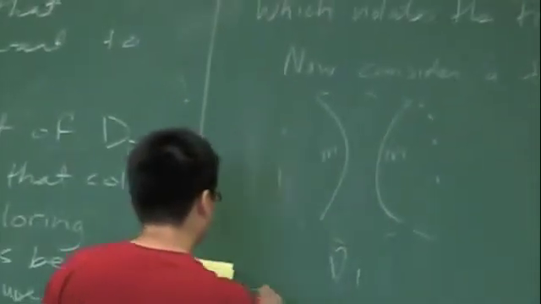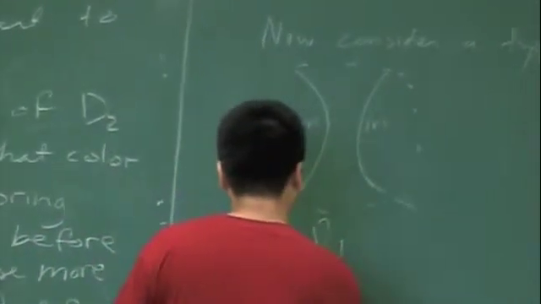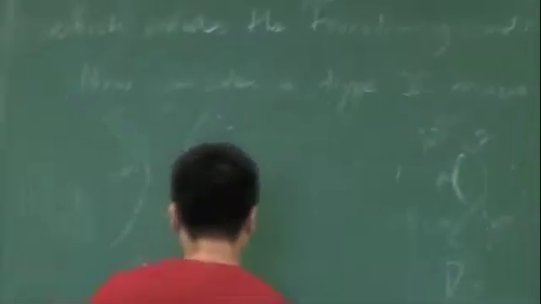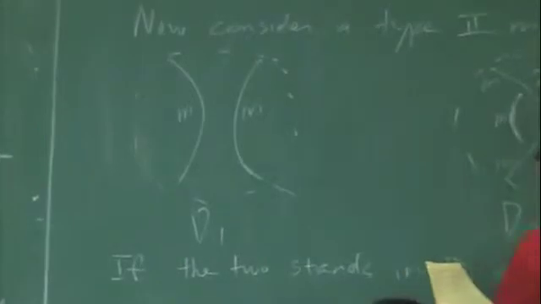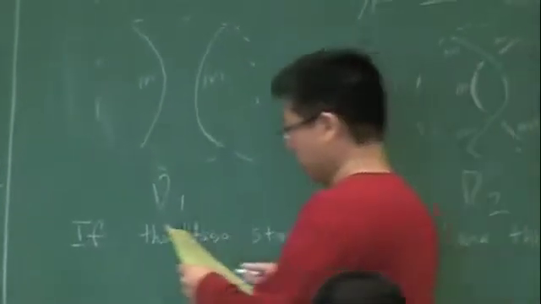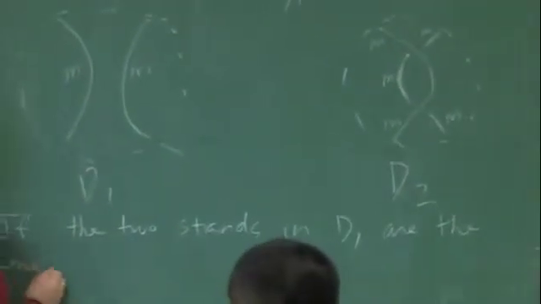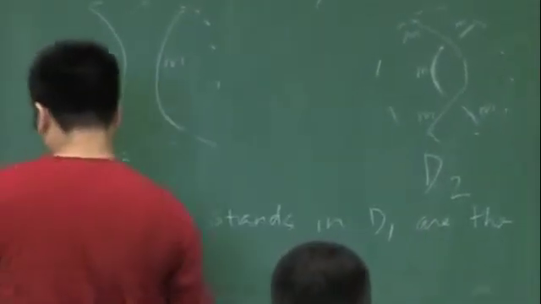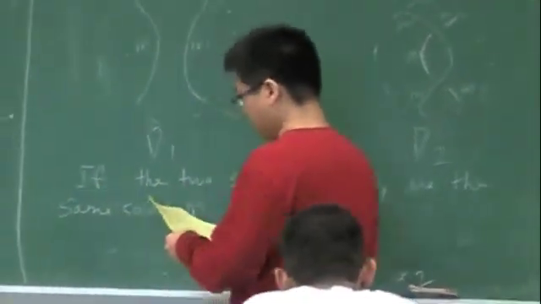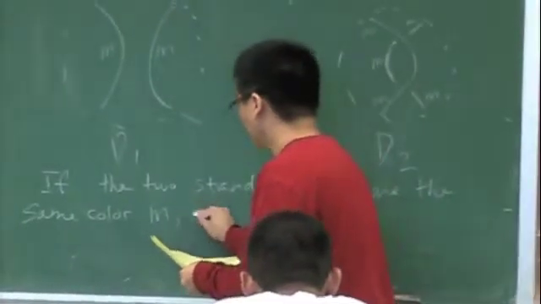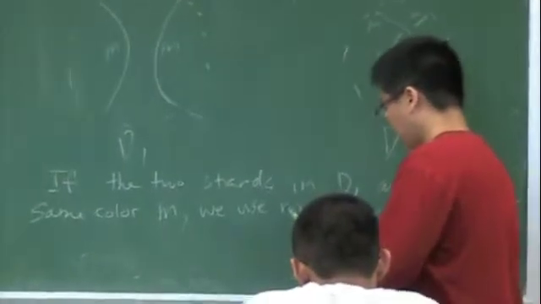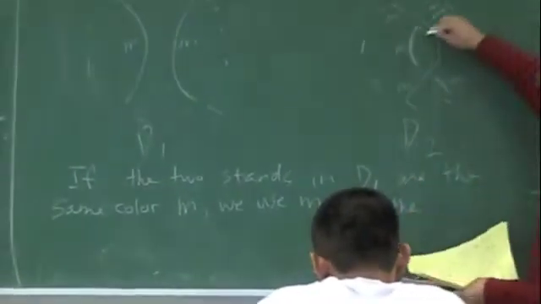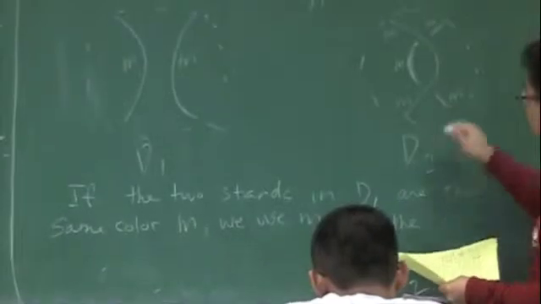So I guess if the two strands in D1 are the same color, M, we use M for the new strand that appears, because there's a new strand that appears in this picture, in D2.